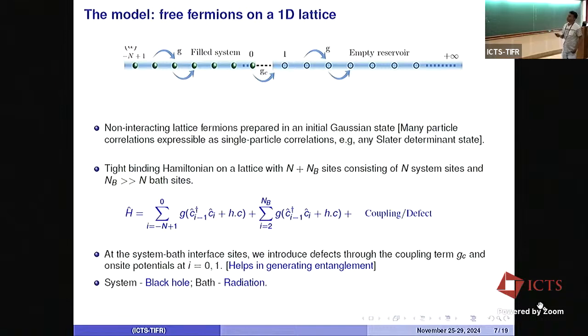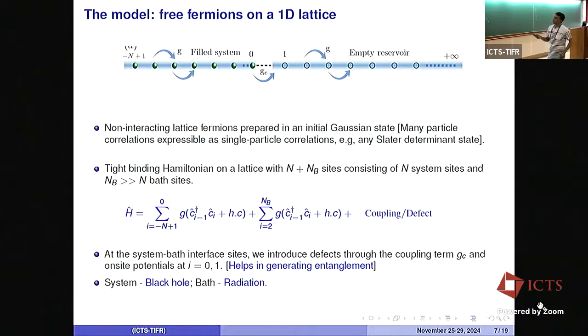This is the model that we study. It's just a 1D lattice of non-interacting fermions. There are n sites which I'll call the system, and then on this side what I'll call the reservoir. Initially this side is completely full and this side is completely empty.